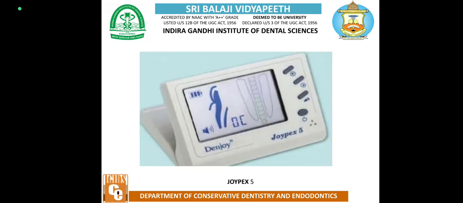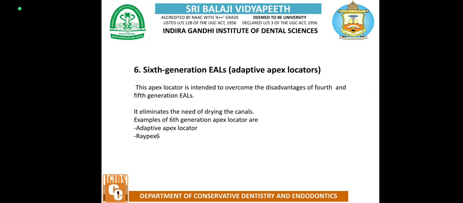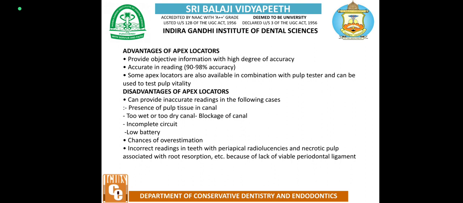Examples of fifth generation apex locators are Raypex 5, Propex 2, Propex Pixi, iRoot. Sixth generation electronic apex locators or adaptive apex locators. This apex locator is intended to overcome the disadvantages of fourth and fifth generation electronic apex locators. It eliminates the need of drying the canals. Examples of sixth generation apex locators are Adaptive Apex Locator, Raypex 6.